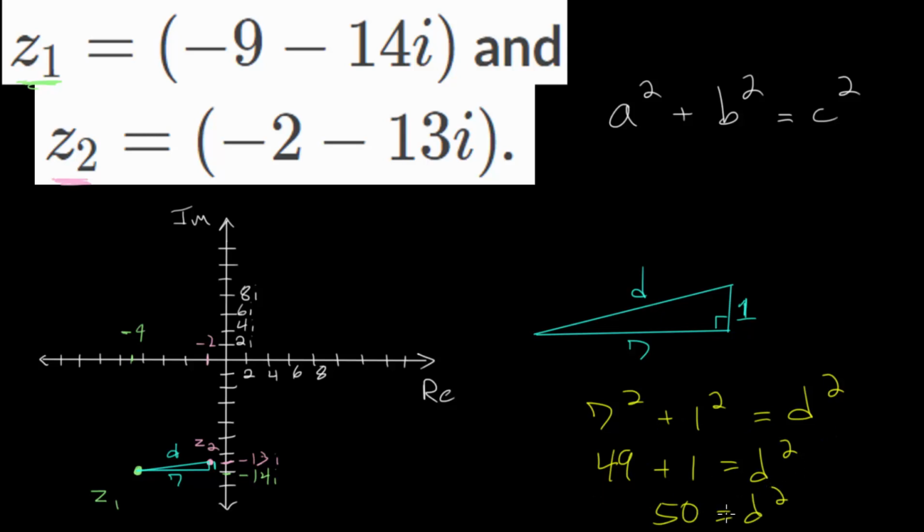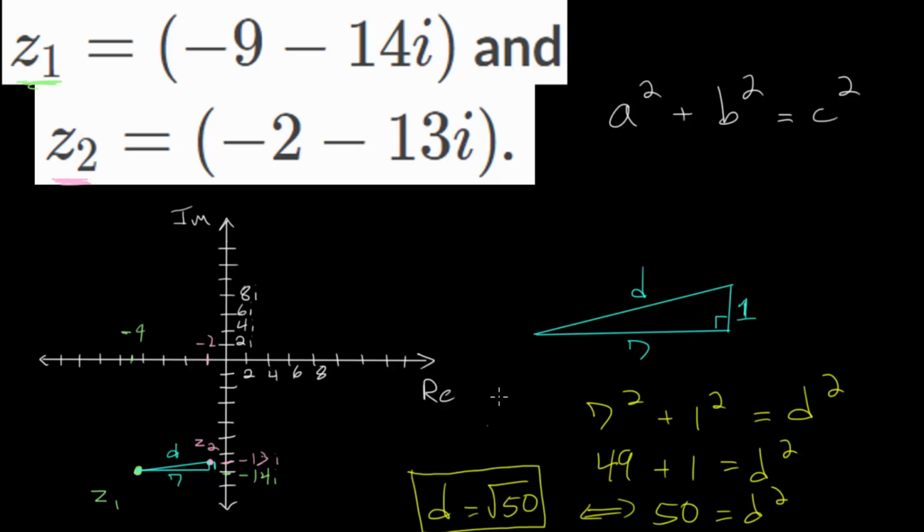And we can just take a square root of each side so that d is the square root of 50. And usually when we take a square root of each side, we would have to put plus or minus, but we're dealing with a physical distance here, so we just have the plus rather than the negative solution.